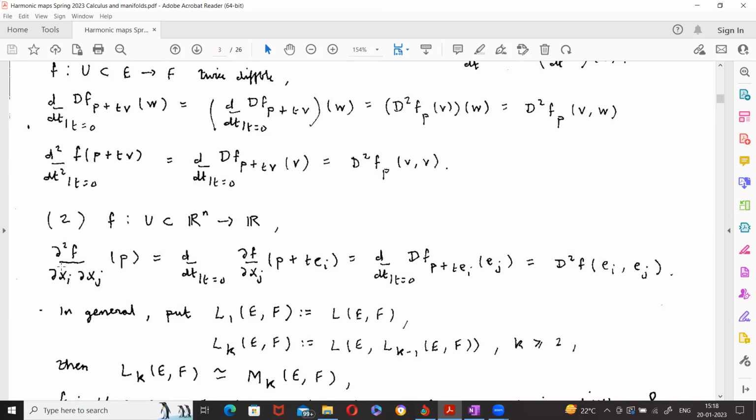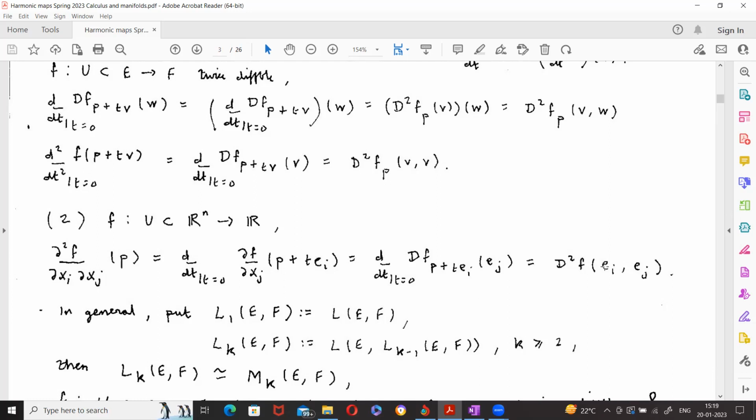So this collection of second partial derivatives turns out to be, if you remember your representation of multilinear functions taking values in R, determined by their values on k-tuples of basis vectors. So a bilinear function will be determined by its values on pairs of basis vectors ei, ej.